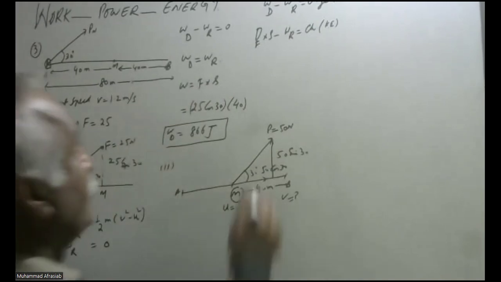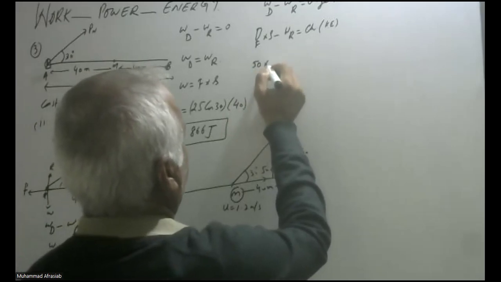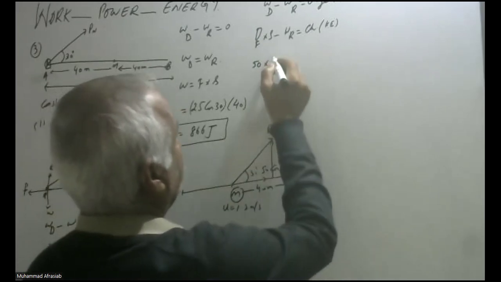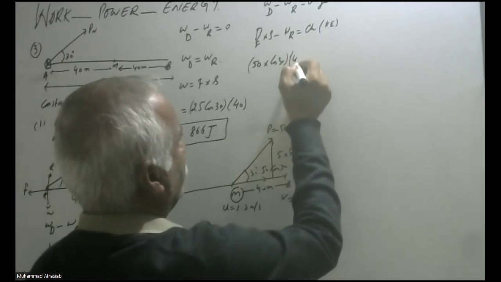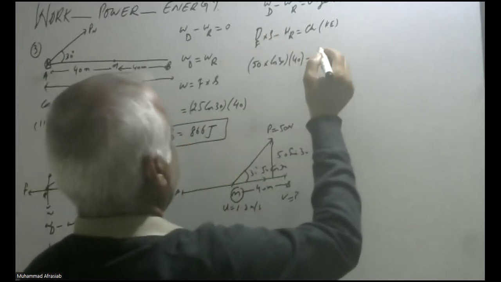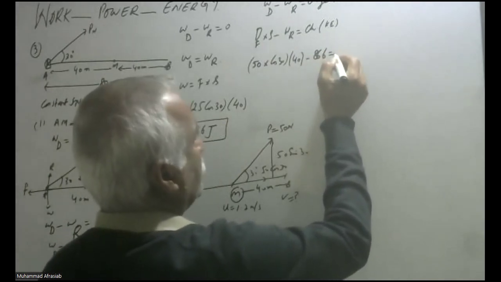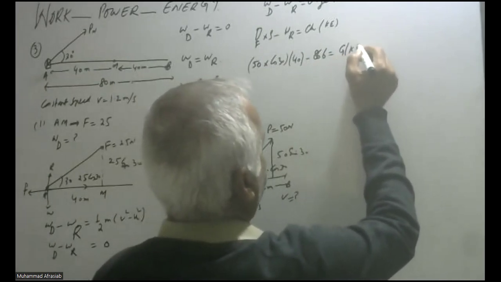So it should be 50 cos 30 times 40, minus the work done by the resistive force, 866, equal to the gain in kinetic energy.